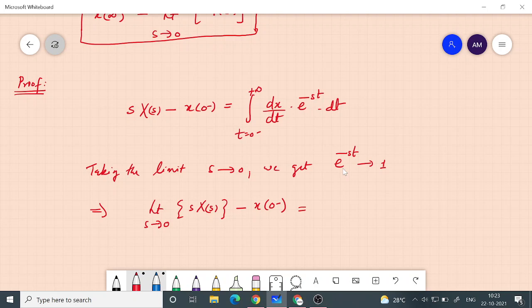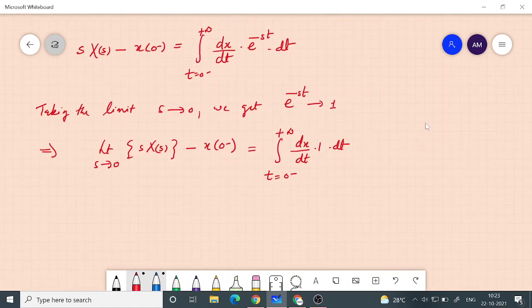On the other side, when you take the limit, it goes to 1. E raised to 0 is 1. So this is the integral, t going from 0 minus to plus infinity, of dx by dt into 1 dt.